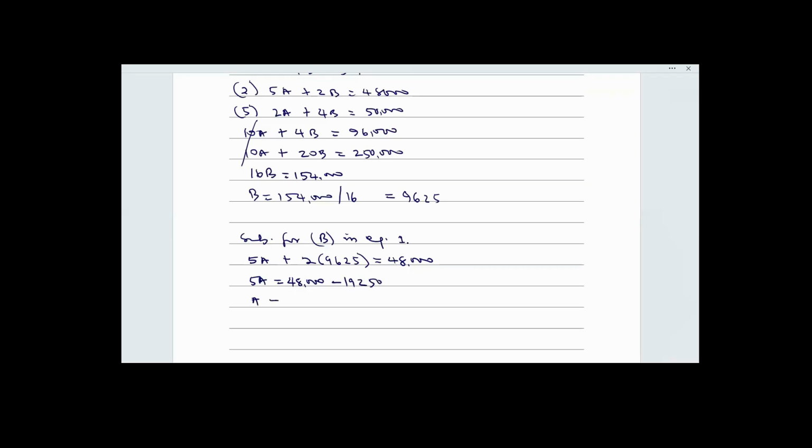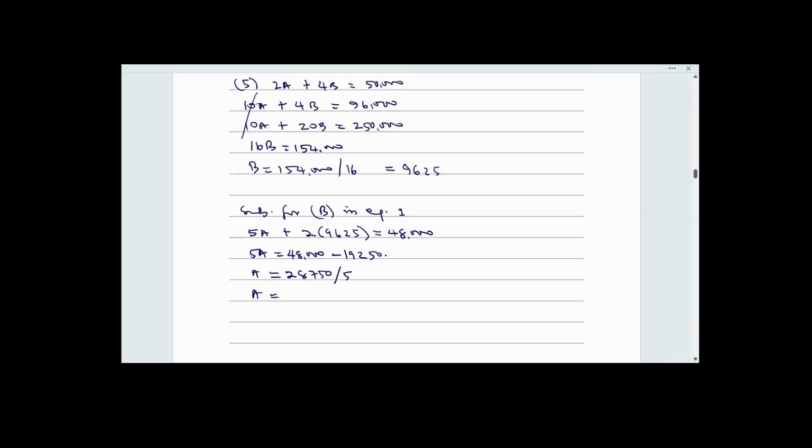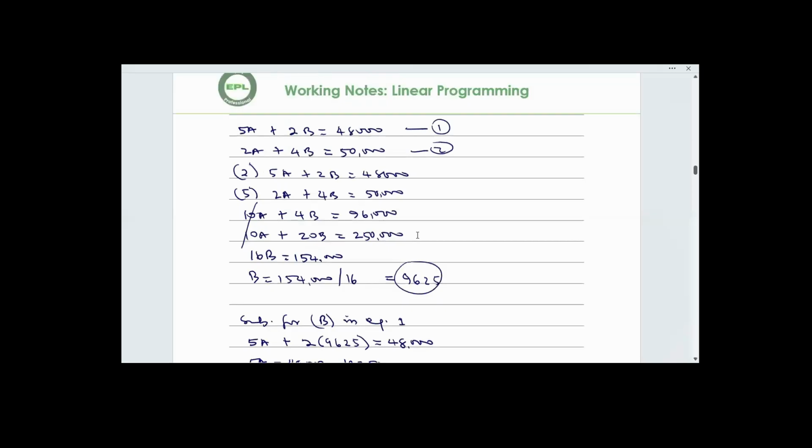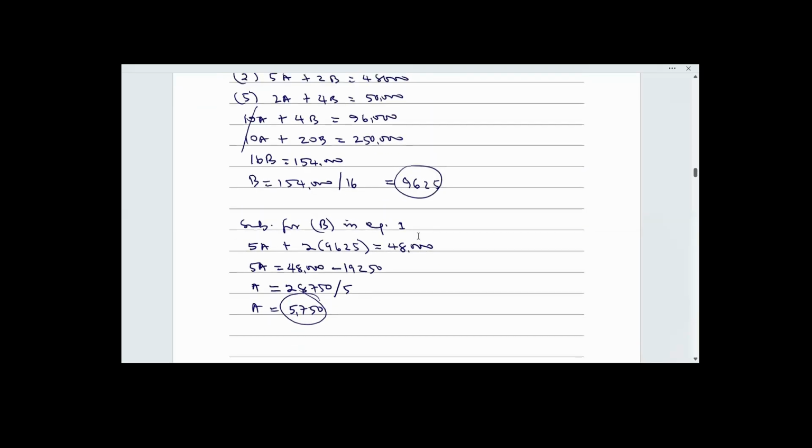Therefore, A will be equal to 28,750 divided by 5. So A is equal to 5,750. B is 9,625. Okay, so let's go and put it in the table: 5,750 and 9,625.